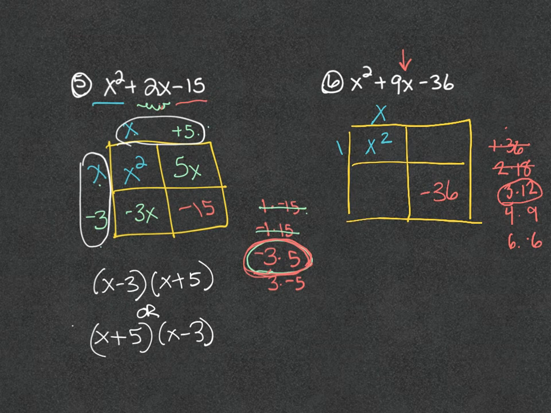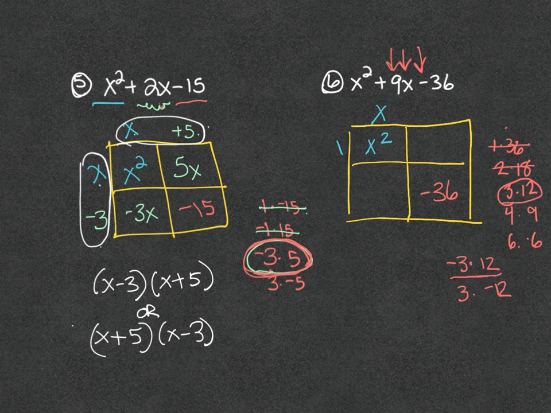So now I need to decide, is this a -3 times a positive 12, or is it a positive 3 times a -12? I let this term right here tell me how that's going to work out, because I need to make a positive 9.